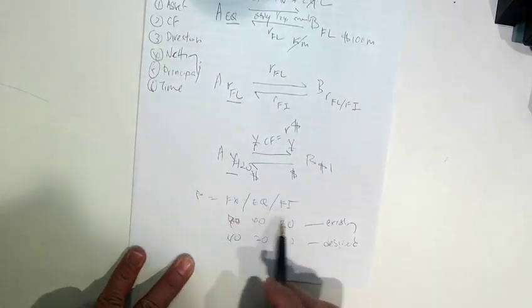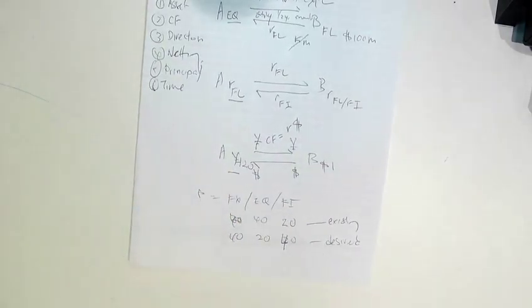From 40-20-40 to 20-40-40, what kind of swap arrangement can I work out to diversify my portfolio? Do I want to pay equity or do I want to receive equity? What do you think, ma'am? Pay or receive equity? Pay equity. Does everyone agree? Yes, right?